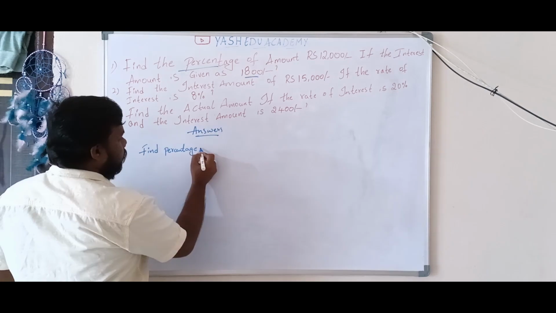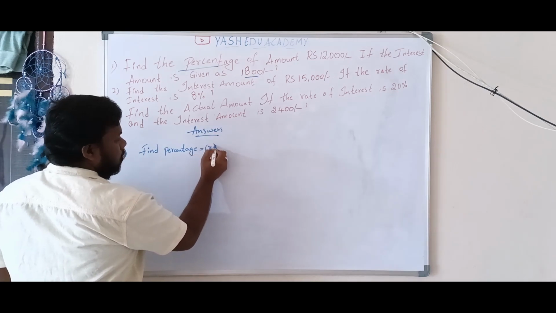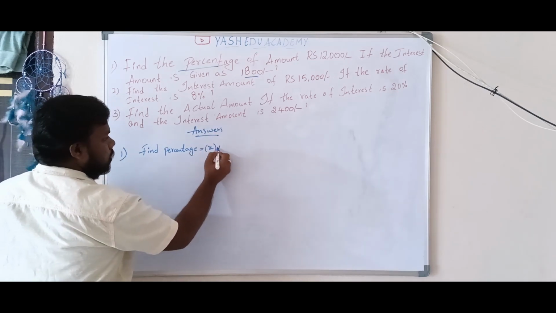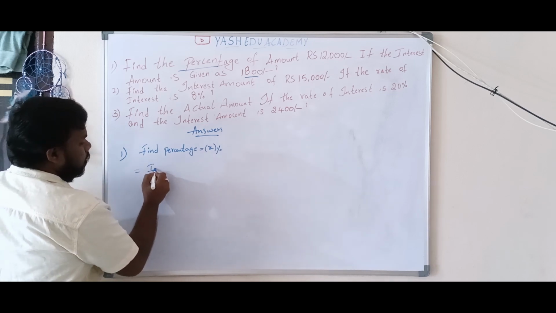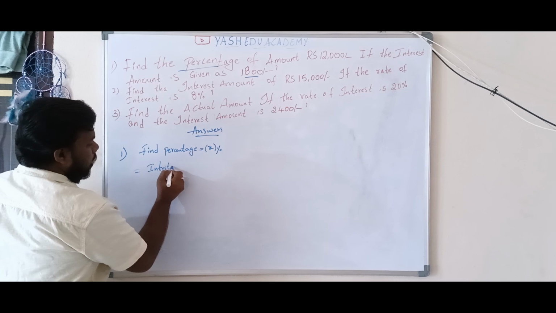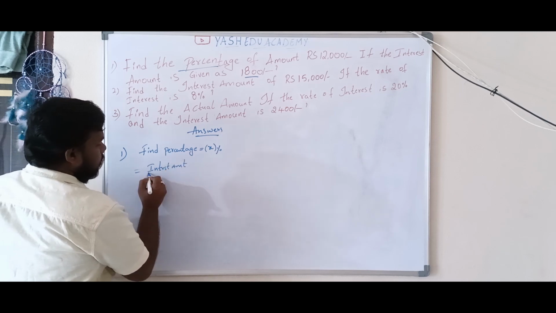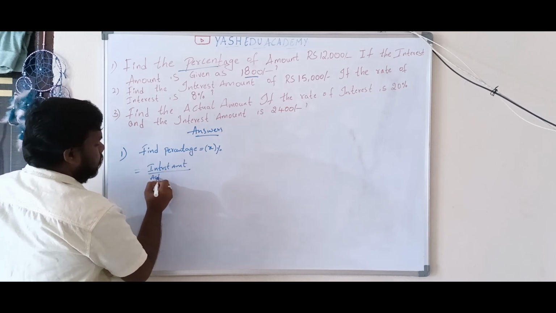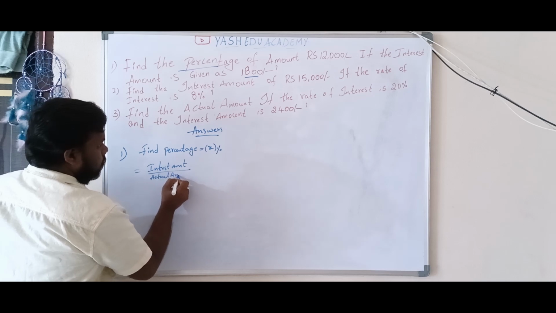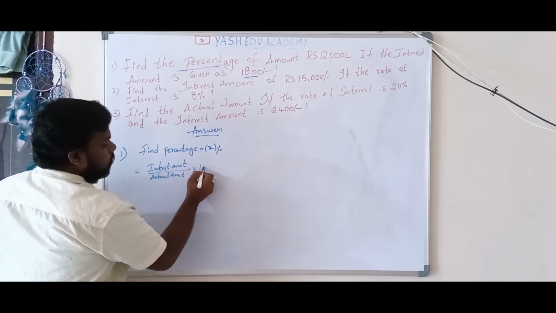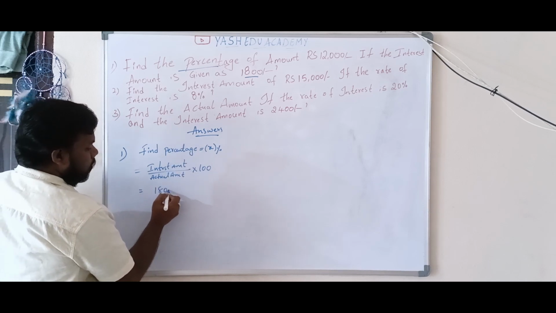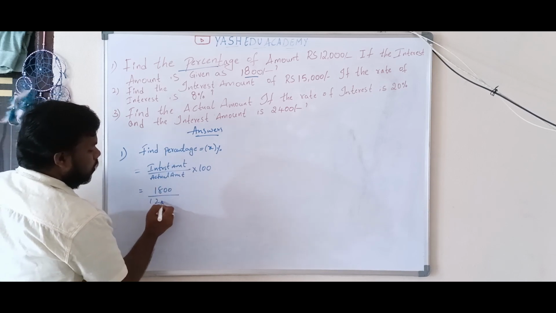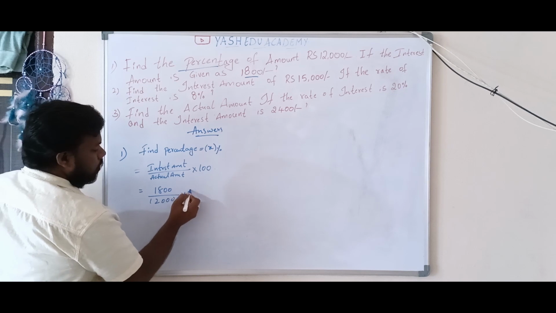First one, we need to find percentage x percentage. So our formula is interest amount by actual amount into 100. So interest amount is 1800 by actual amount 12,000 into 100.